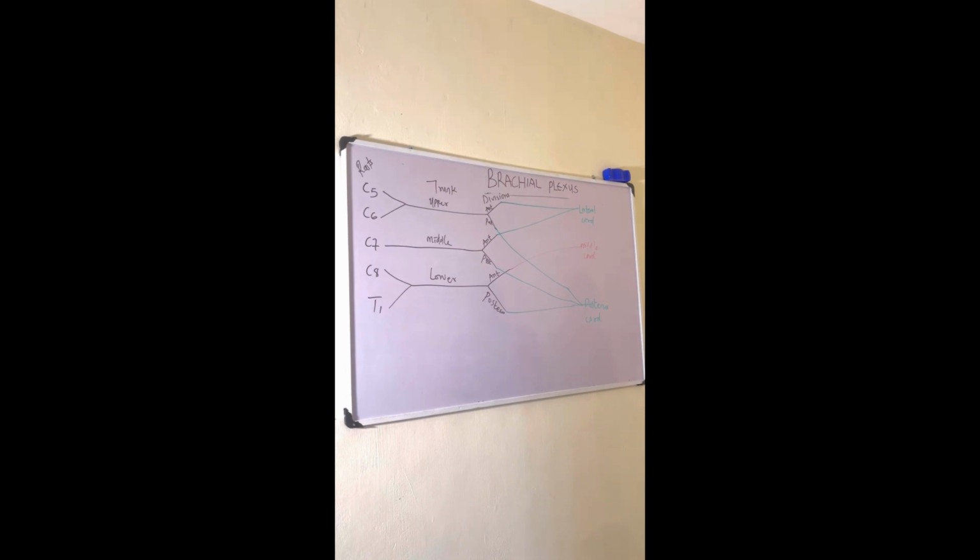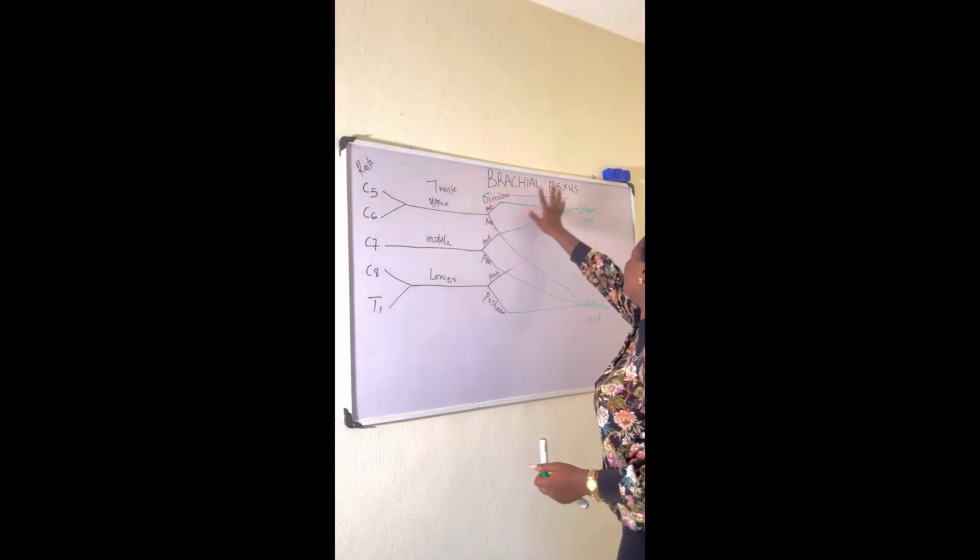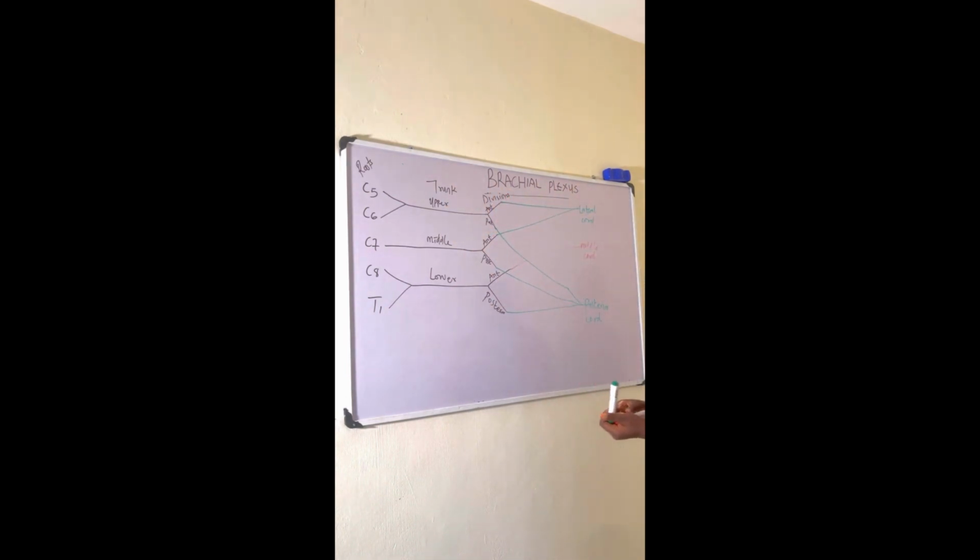Good. So now we've talked about the roots, the trunks, the divisions, and the cords. Now let's go over to the branches. The lateral cord gives us 3 branches, that's the L and L. Then the medial cord gives us 5 branches, that's M to the power of 4 and U: the medial root of the median nerve, the medial pectoral nerve, the medial cutaneous nerve of the arm, the medial cutaneous nerve of the forearm, and the ulnar nerve.